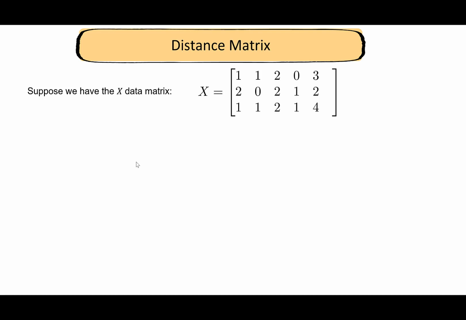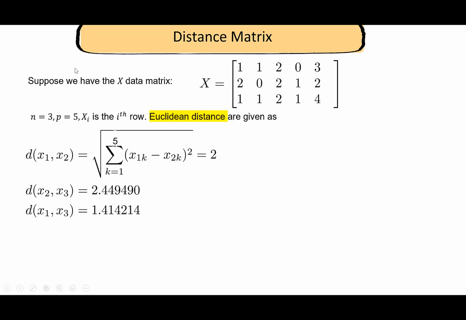So anytime we do any analysis, we start with the data. Say X is the data matrix. X has 3 rows and 5 columns. So in this case, n is 3, that is the sample size is 3, and the number of variables is 5. x_i is the ith row, and suppose we consider the Euclidean distance in our calculation.